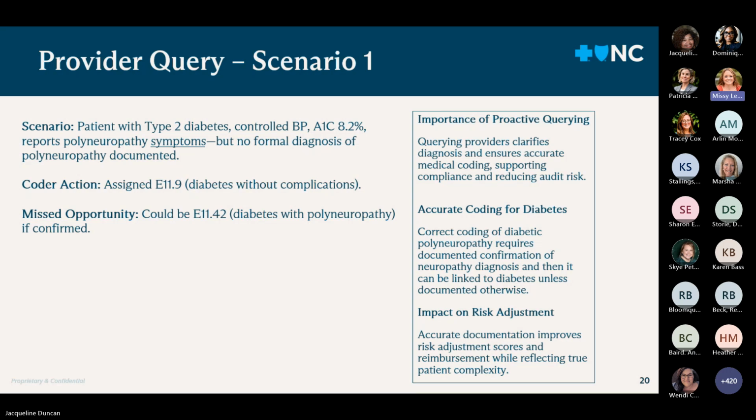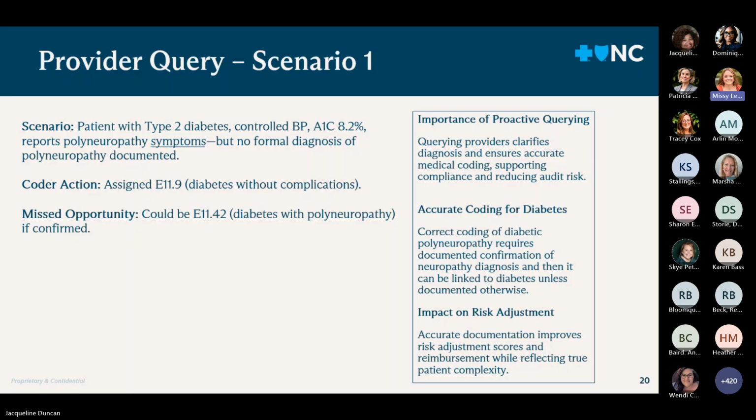The correct approach is to compliantly query the provider. The patient's documentation indicates polyneuropathy symptoms and type 2 diabetes. To ensure accurate coding that reflects the patient's conditions, could you please clarify the diagnosis and the relationship?